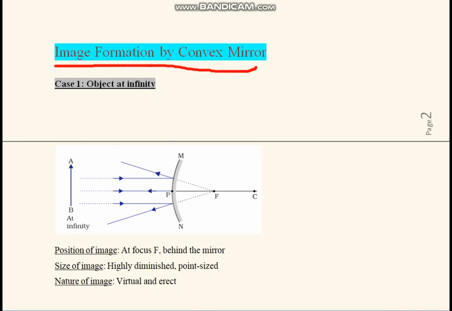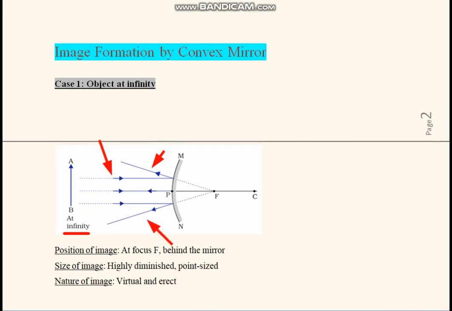The first case is that when the object lies at infinity. When parallel rays starting from infinity strike the mirror, they get diverged by the mirror after reflection.